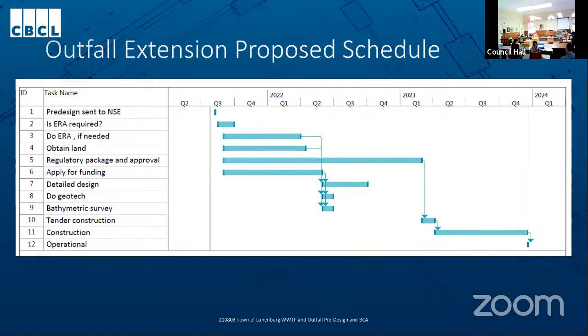Once the design is finished, then that could be sent as part of the final regulatory package to the regulators for approval. And once approval is reached for that, possibly around the second quarter of 2023, then it could be tendered, with construction commencing after that and operational by the first quarter of 2024 approximately.